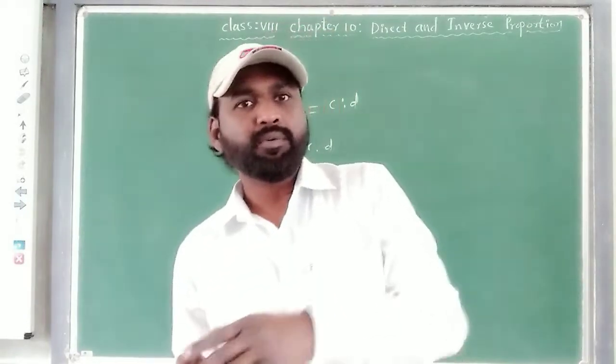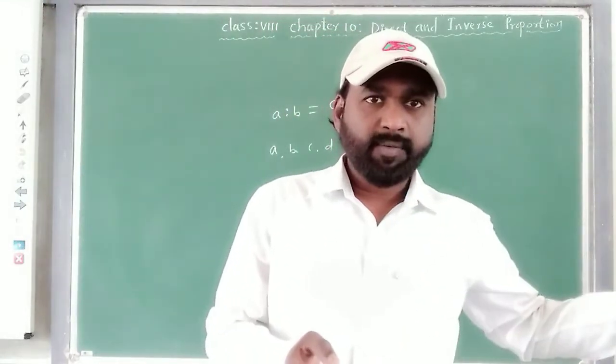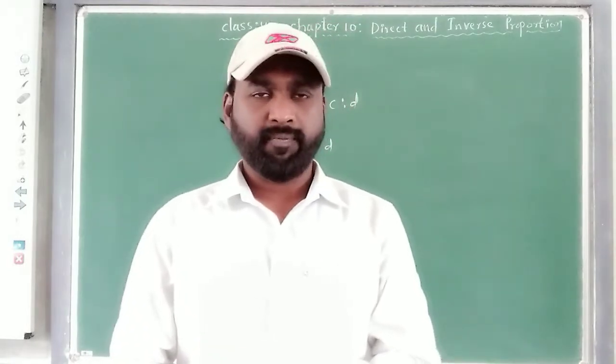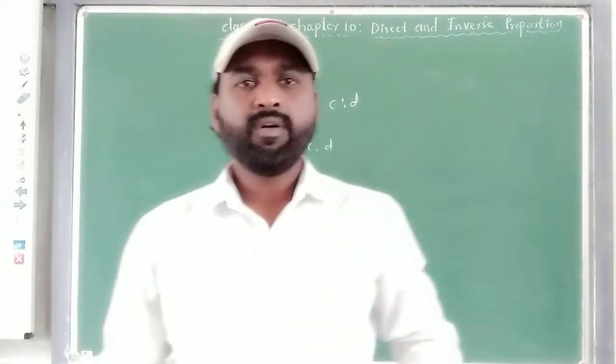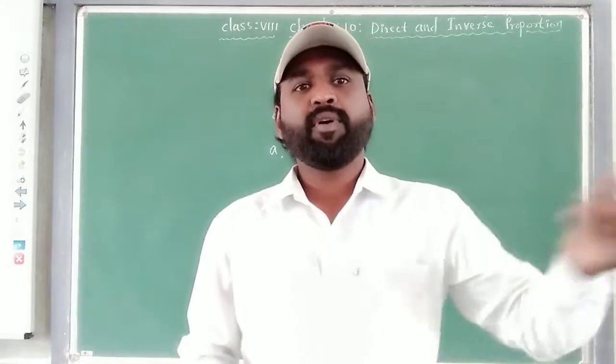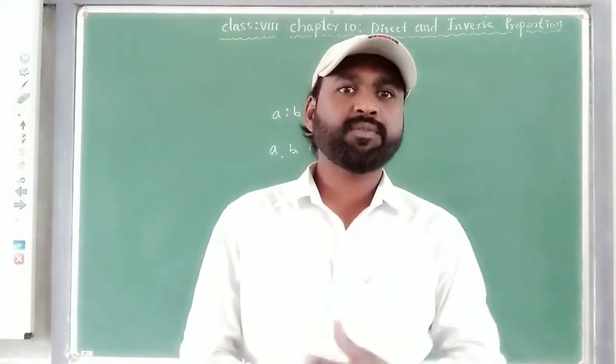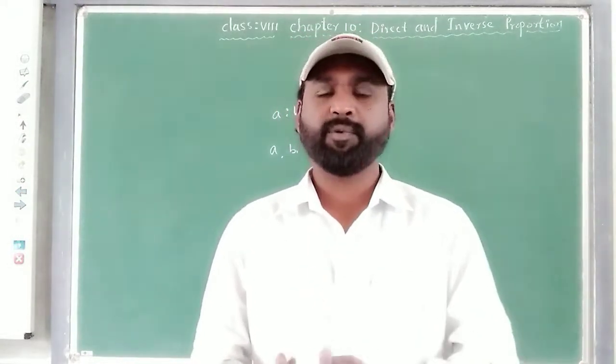In this proportion, two types are there: direct proportion and inverse proportion. As I explained the two situations now, let us take some more situations to understand direct proportion and inverse proportion.